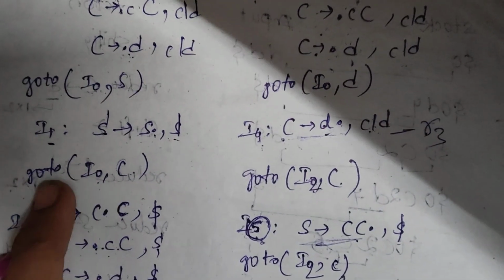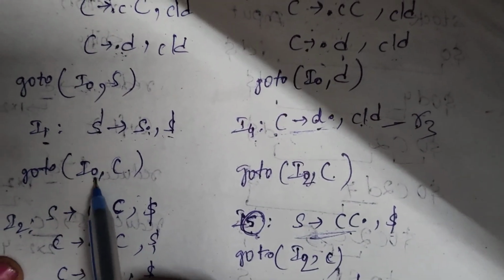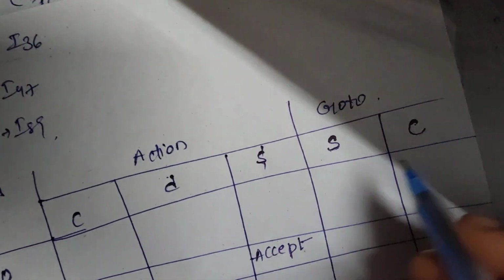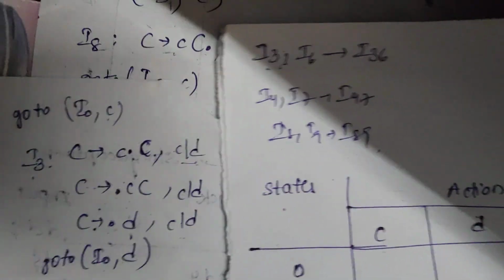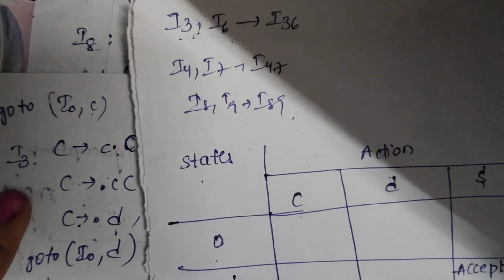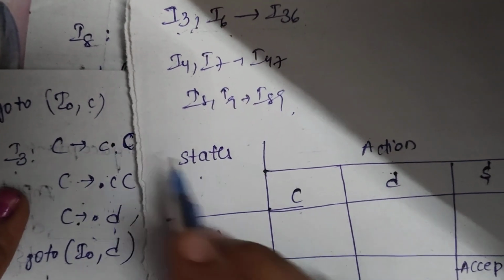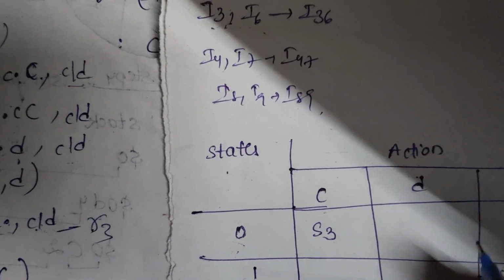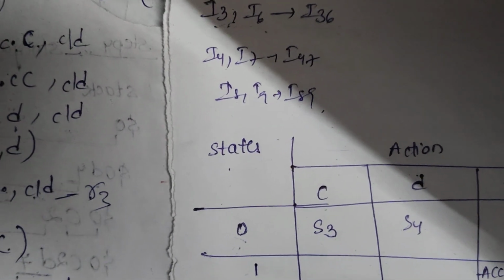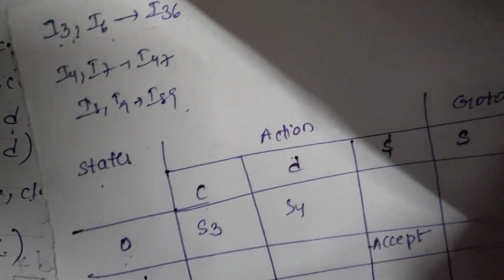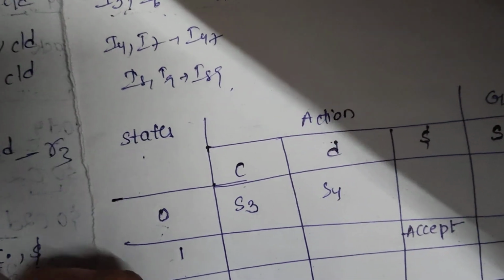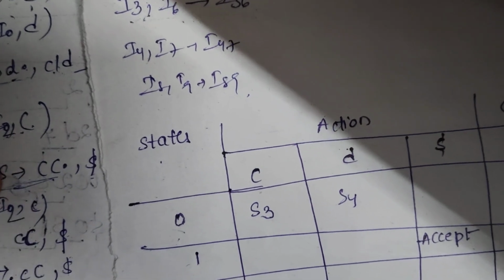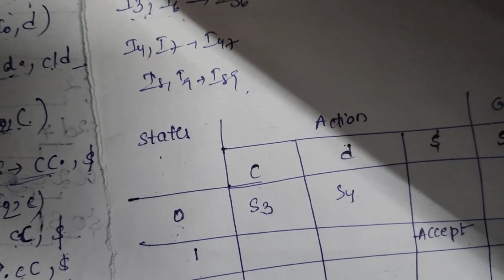So goto 0 comma capital C is 2. Next, 0 comma small c is S3. Next, 0 comma small d is S4. Next, 2 comma capital C is 5.